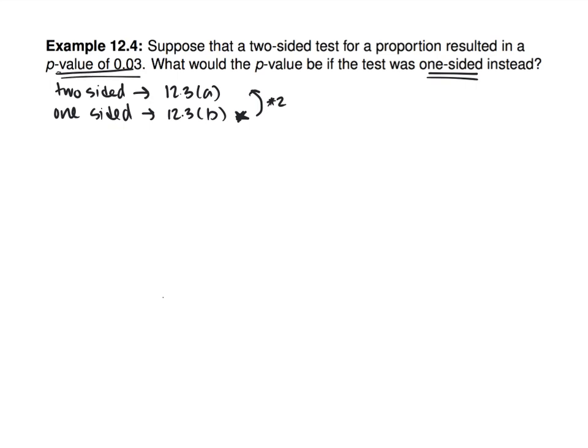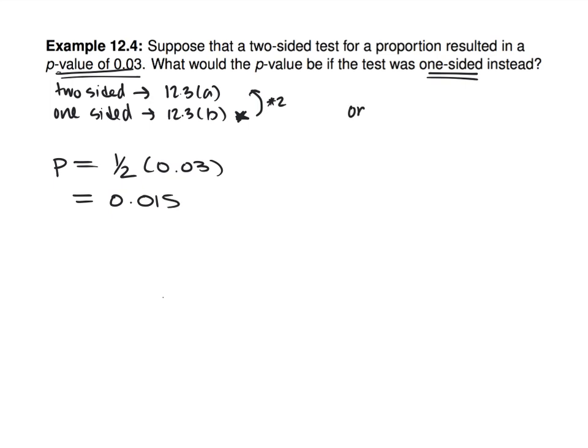Well, this one had been multiplied by 2, as in gotten both tails. You just want 1. So for a one-sided test, the p-value is half of the value for a two-sided test. So in this case, it would have been 0.015.